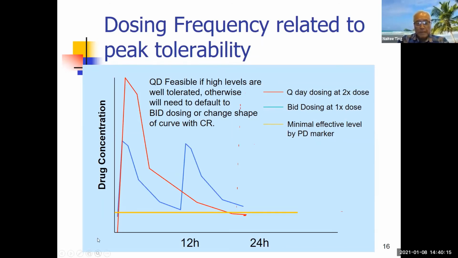Before the subject is dosed at time zero, if you draw blood from the subject, you're going to observe no drug level because the subject is not dosed. So you draw blood here, you have 0 drug concentration.